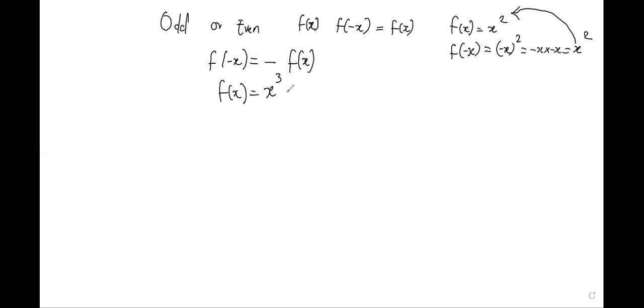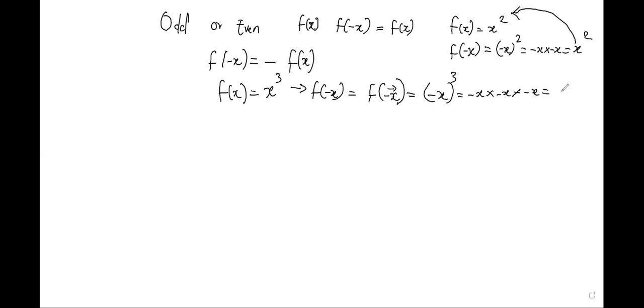Now, if you look at this, if I say what is f of minus x in this situation, it's going to be f of minus x, but this minus x, I'm going to put it here. So we have minus x all cubed. This is going to give me minus x multiplied by minus x multiplied by another minus x.